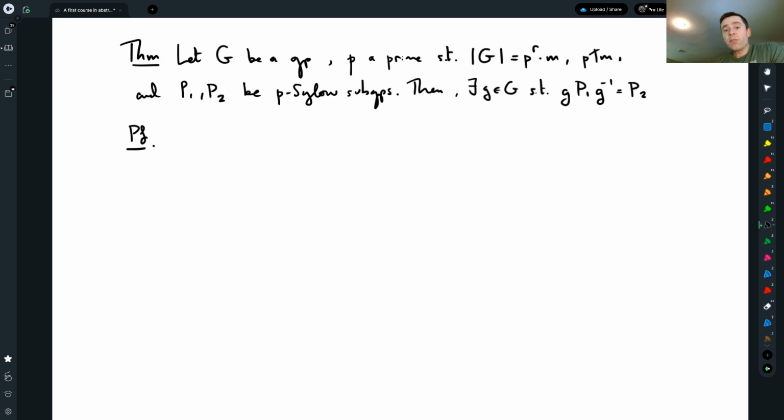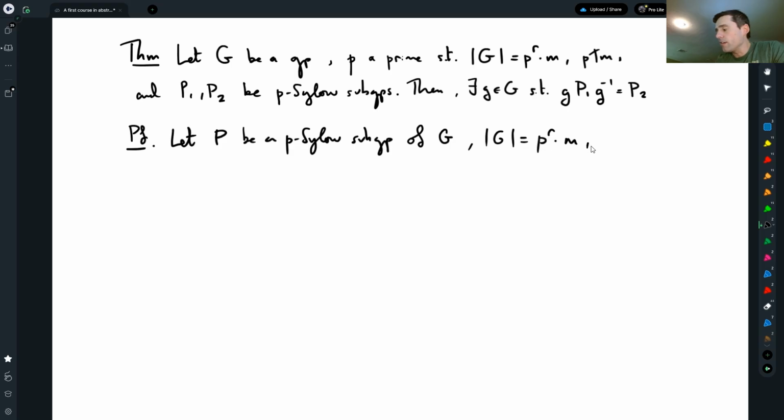So here's the statement that we want to prove, and let's just start with a P-Sylow. Let P be a P-Sylow subgroup of G. And like in the statement, G has size P to the R times M, and P does not divide M, so P to the R is the largest power of P that divides the order of the group.